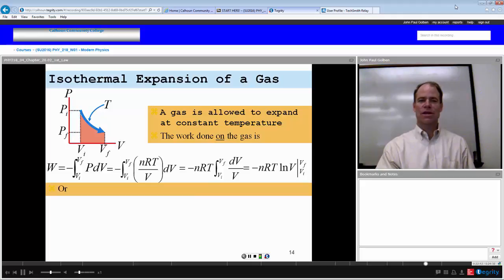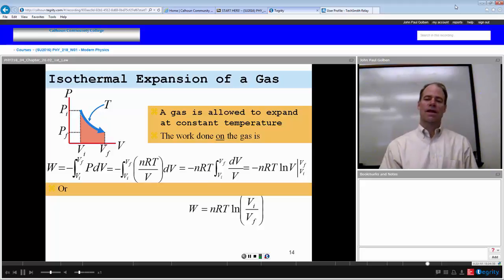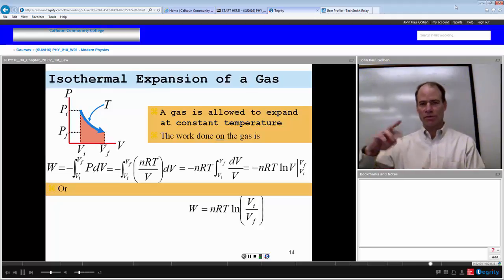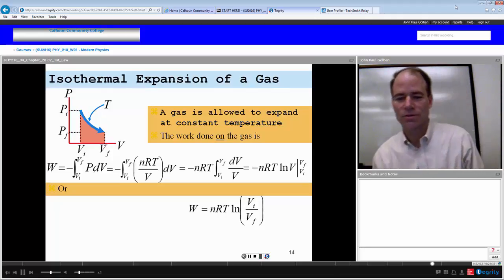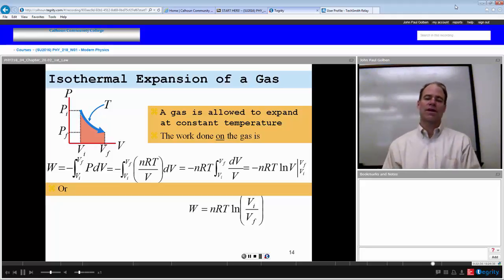So the work done on the isothermal expansion of a gas is equal to nRT, natural log of our initial volume over our final volume. Because the log would have been final volume over initial, but if you reverse those, you introduce a negative sign, and hence we've canceled out the negative sign here with that. So the work is equal to nRT, natural log, initial volume divided by final volume.